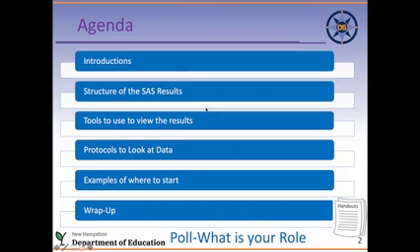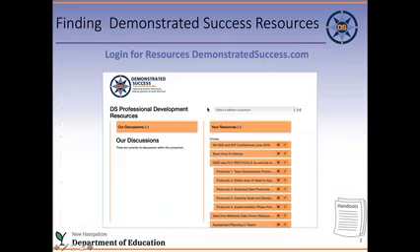Back to the webinar. So that's the agenda and poll. So the first thing I want to do is one of the handouts that you have, and some people who have come to our workshops or who have been to a webinar before with us have done this already. But there is a document in the handouts called Login to Demonstrated Success Site. And you can use that to get any of the documents from today.